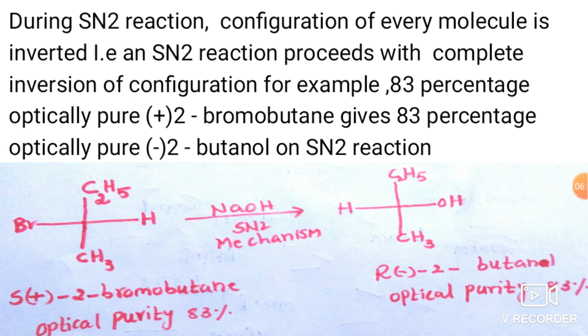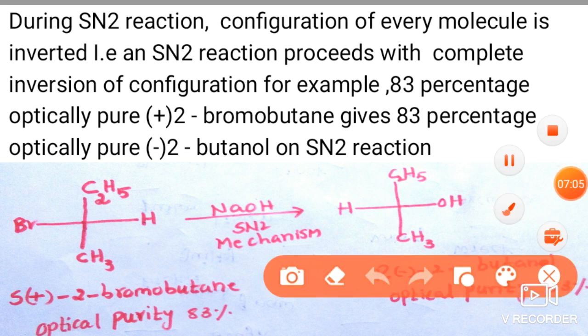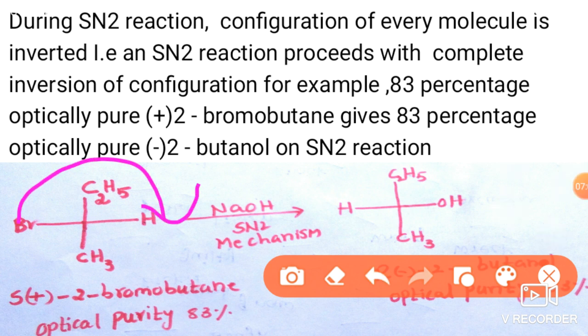For example, 83% optically pure right-handed 2-bromobutane gives 83% optically pure left-handed butanol according to SN2 reaction.